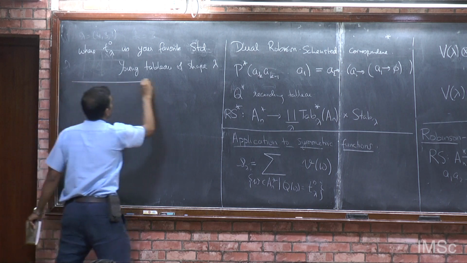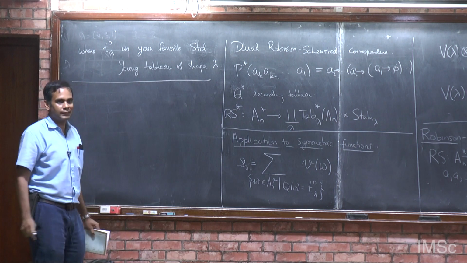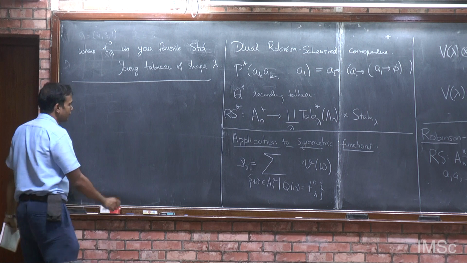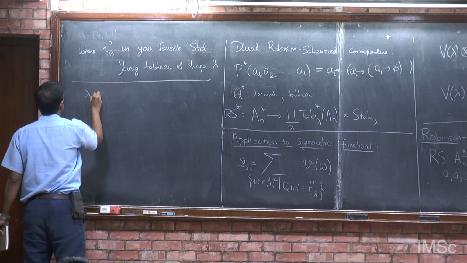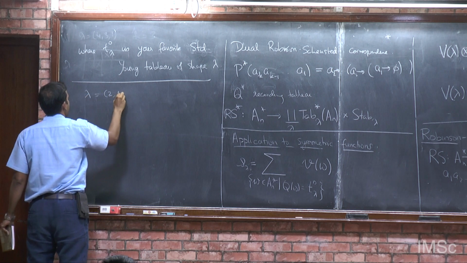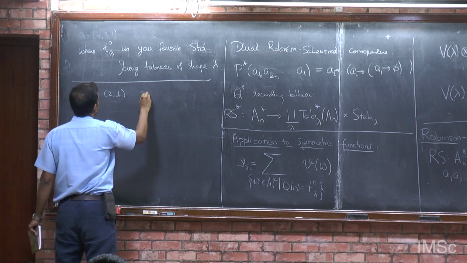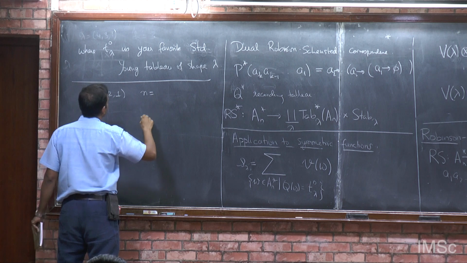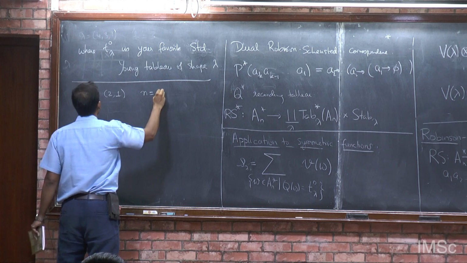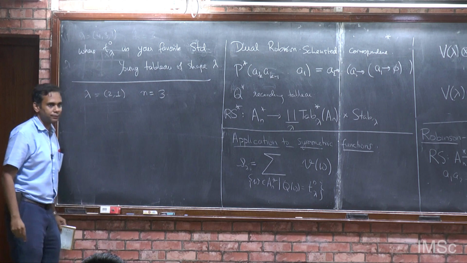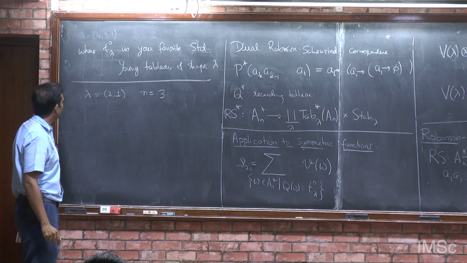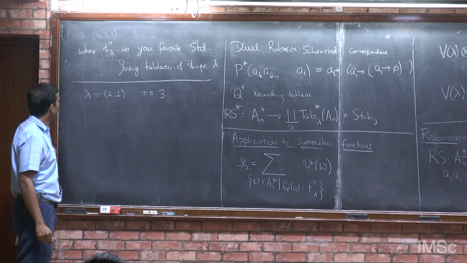So let me just illustrate this in a small example. Let us look at lambda equals 2 1. And let us take n equals, say, 3 as well? So how many words do I have now? I have quite a few words, right?